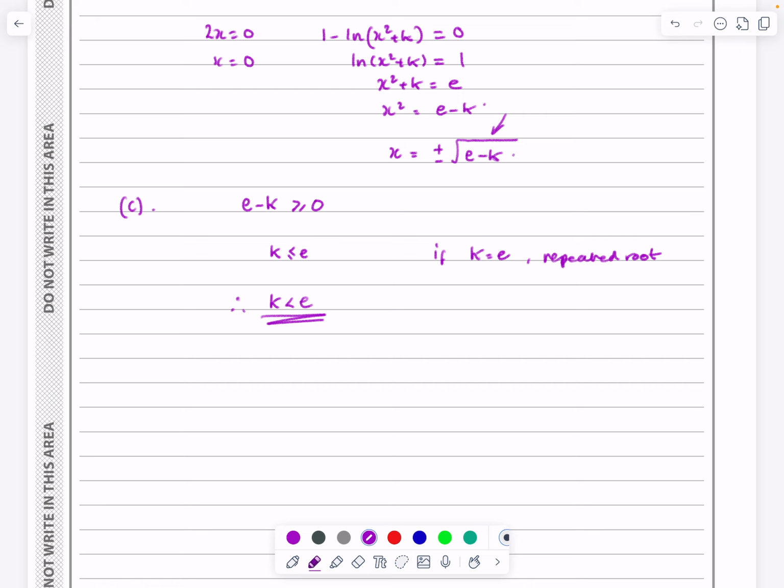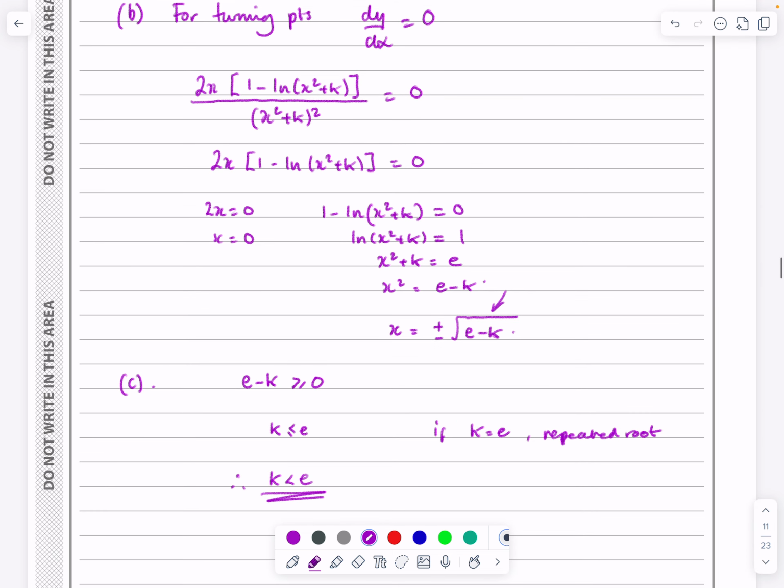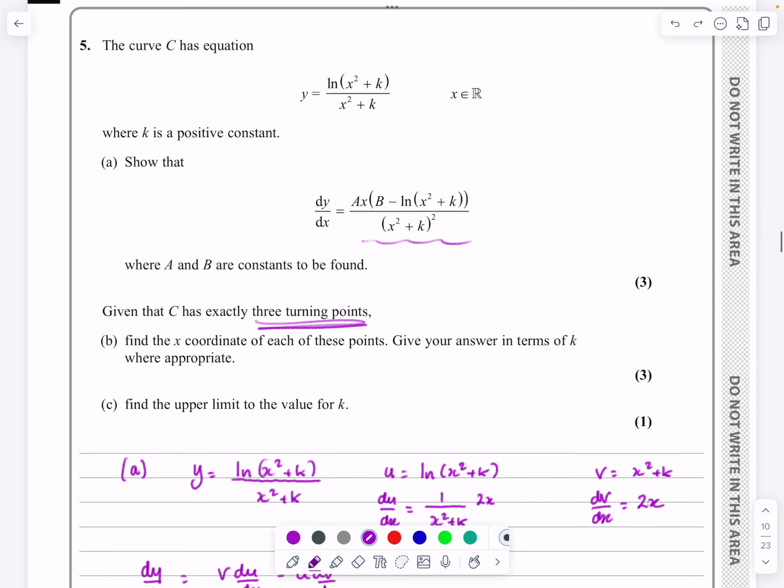That very last bit, k can't be equal to e, k's got to be less than e, so then that absolutely defines that last part there, okay? Because it says here, there are 3 turning points, so if there are 3 turning points, then I need to get 2 different results in this bit here. Don't worry about it too much if that bit doesn't quite make sense, but hopefully the rest of it does make sense to you.